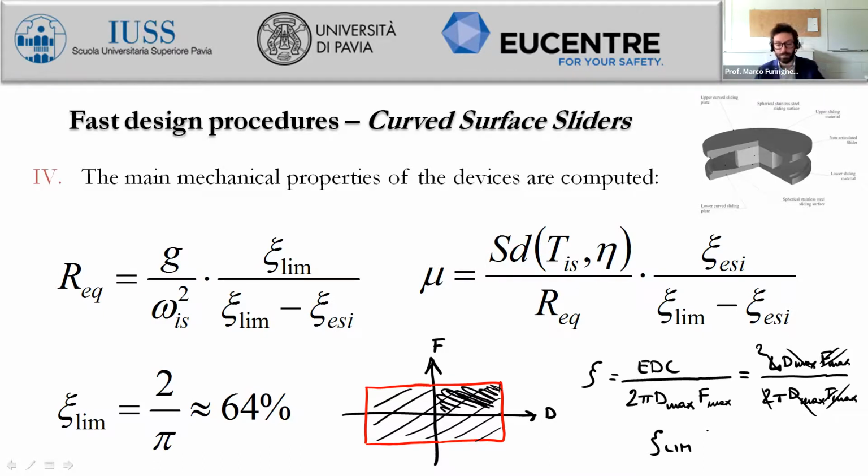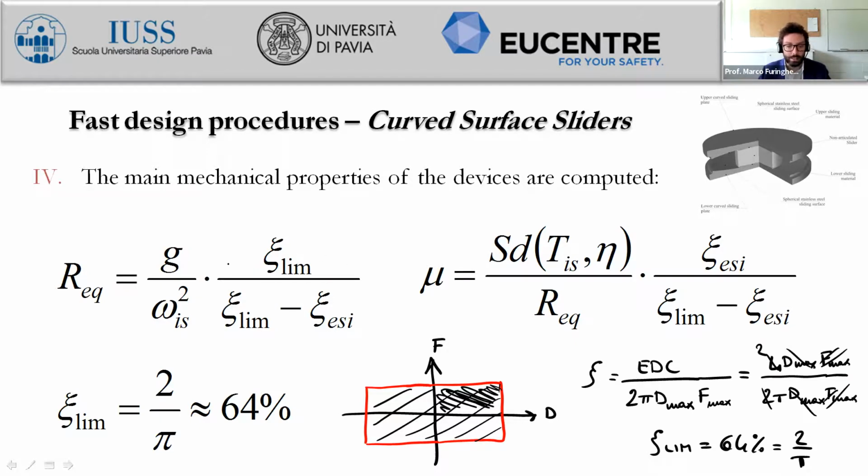Okay, this is the maximum one. So 64%, 2 over pi.